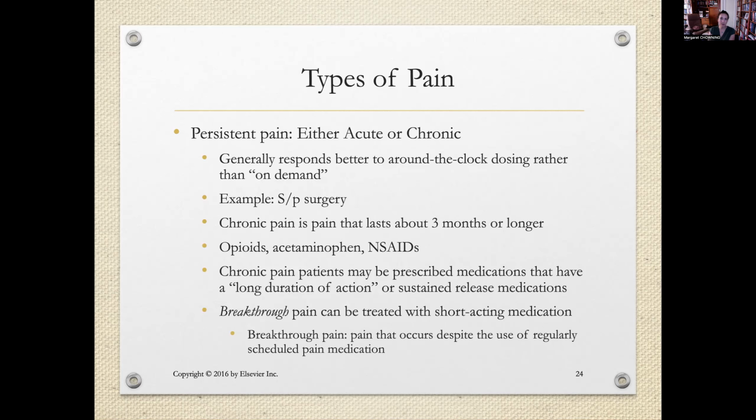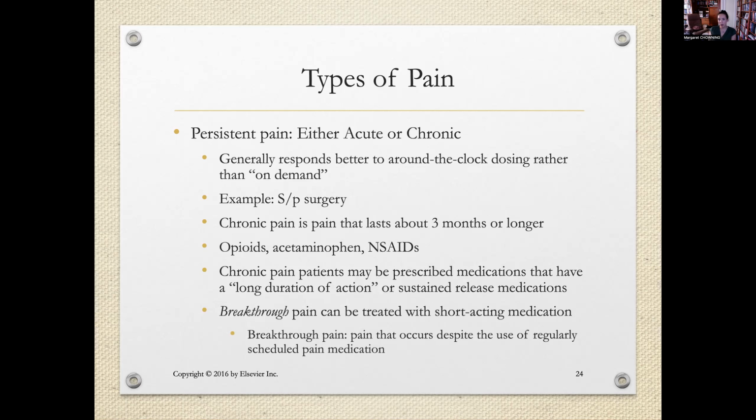And persistent pain. Persistent pain is either acute or chronic. It generally responds better to around the clock dosing rather than on demand dosing. So you're not trying to catch up to the pain, right? You want to stay ahead of the pain with persistent pain. The example would be status post a total hip replacement or a total knee replacement.